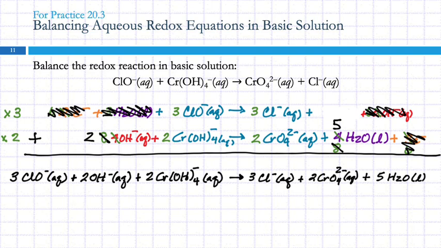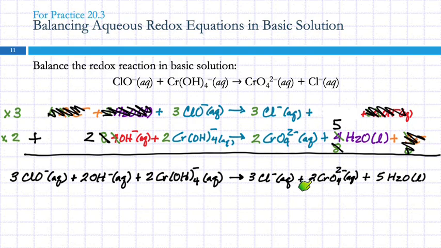Then I'm going to verify. 3 chlorine atoms on that side, 3 chlorine atoms on this side. Oxygens, there's 3 here, plus 2 is 5, plus 8 is 13.